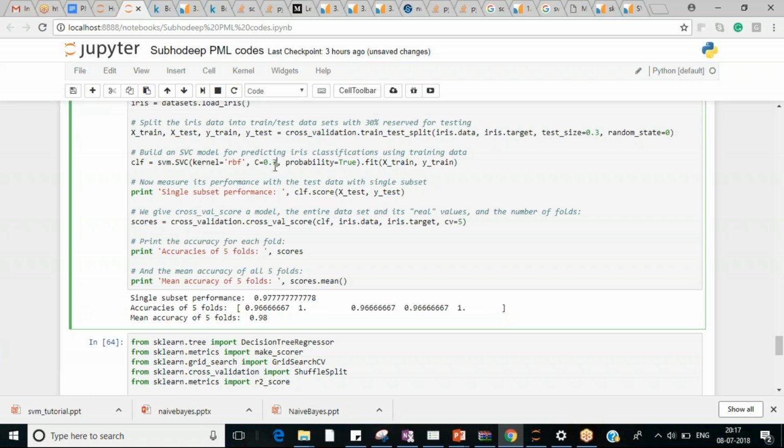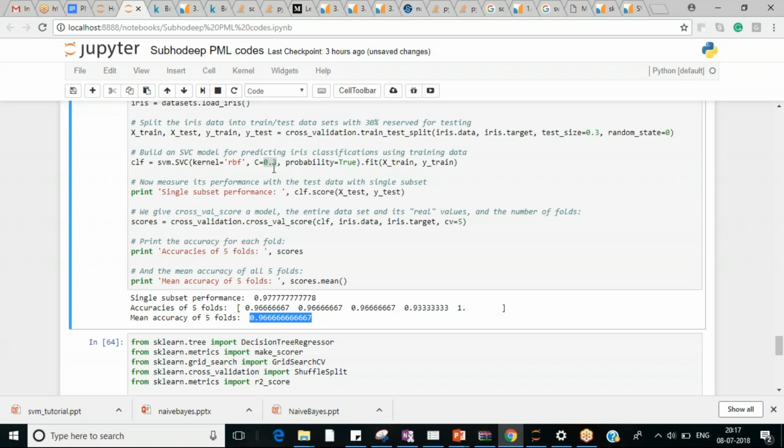If I do a 0.3, this has changed, right? So right now you're trying to induce less error. That's why you're trying to overfit, and that's why your test accuracy is affected.